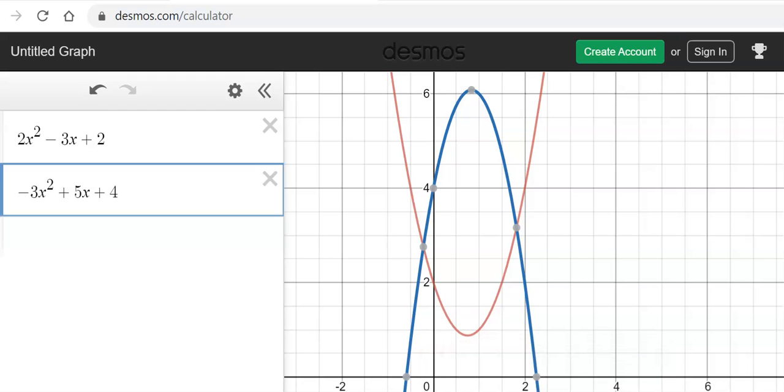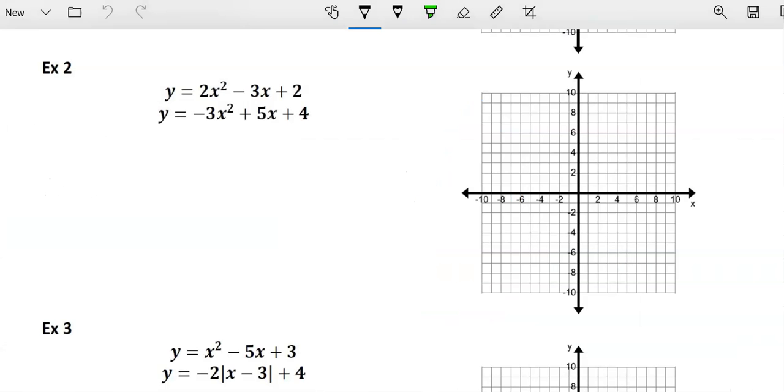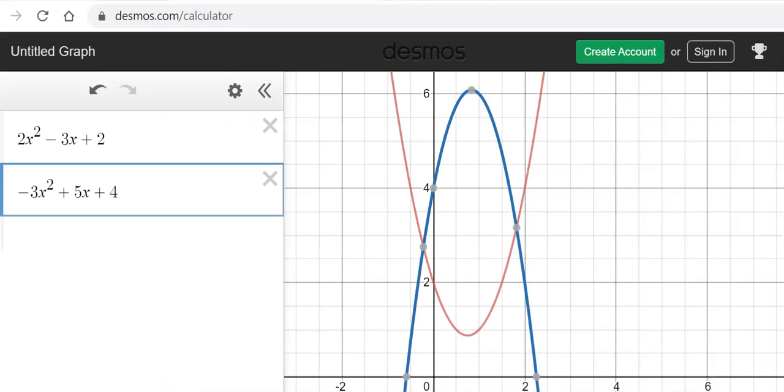So if we go back here, I'm going to just jot down the 2 points. The left one is negative 0.22.